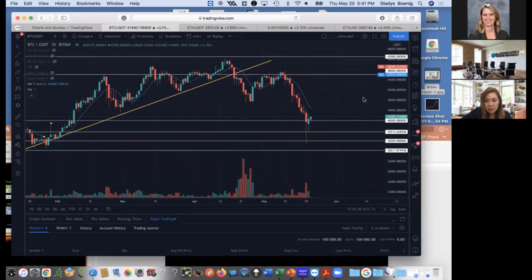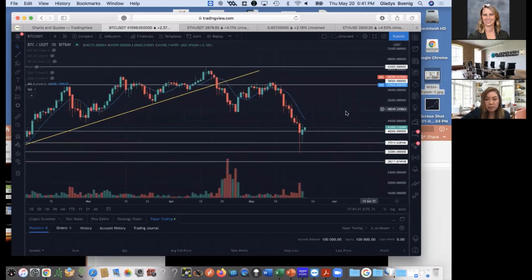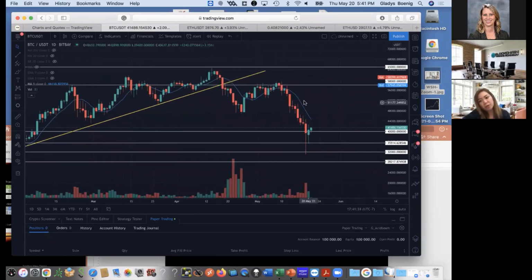And obviously, it has not been a pleasant couple of days or weeks for Bitcoin, as today's price of 41,000 or close to 42,000 is less than the 9-day average price of Bitcoin. Similarly, it's under the 20-day moving average. Similarly with the 200.